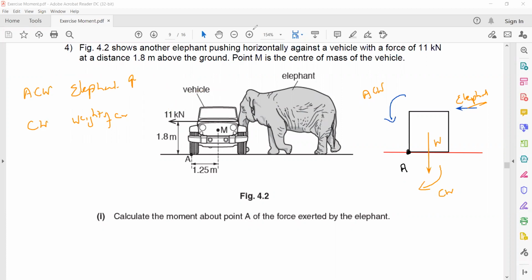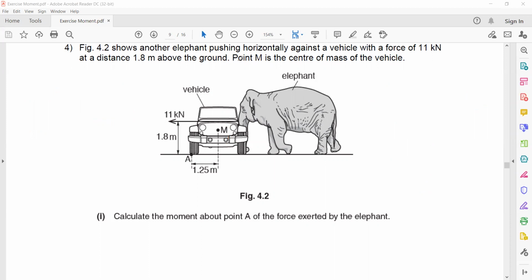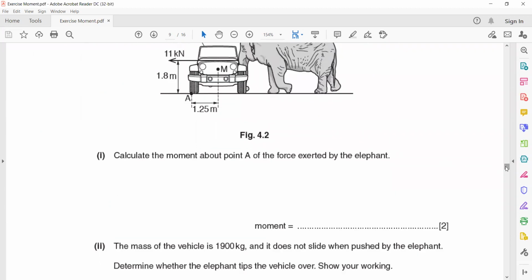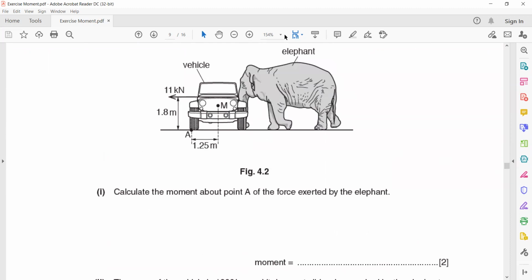But if the moment due to weight is higher, then the elephant is not able to topple the car. So that's the main question, that we have to work out whether the elephant can topple this car. So we'll solve this.